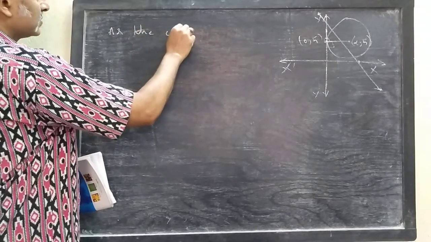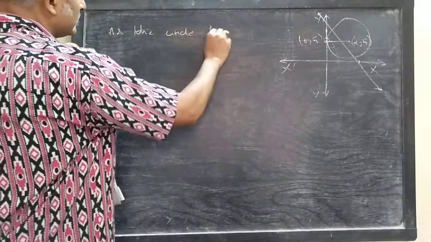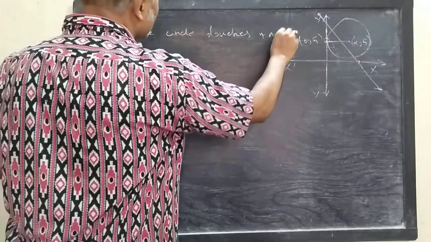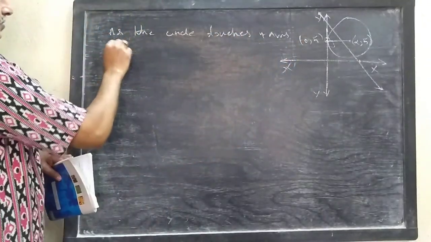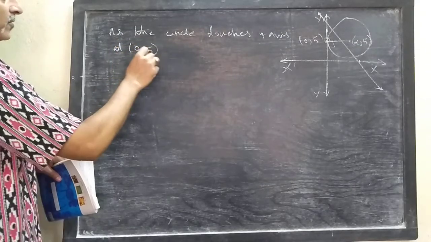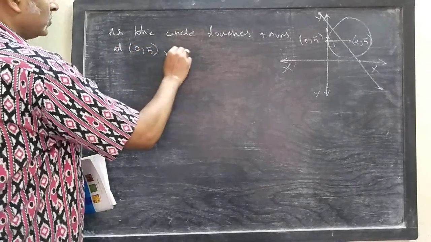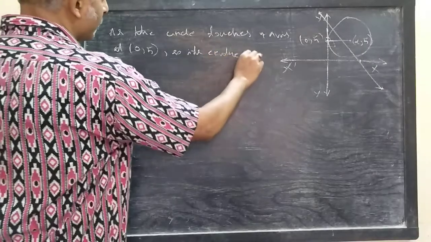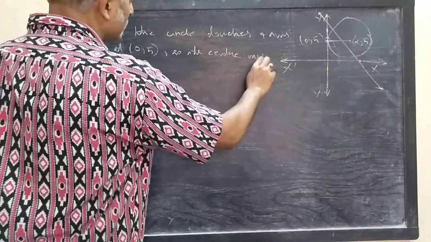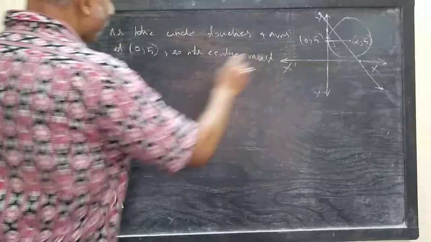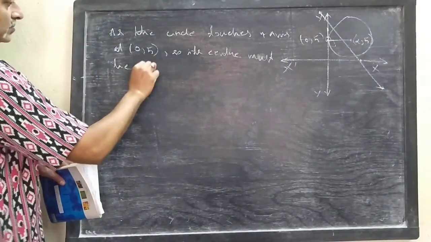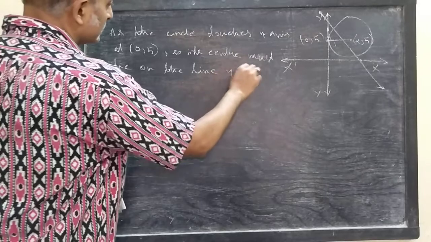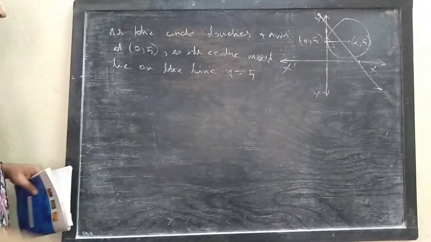To write in this way: as the circle touches the y-axis at (0, 5), so its center must lie on the line y equals 5.